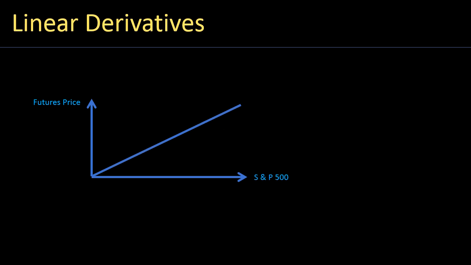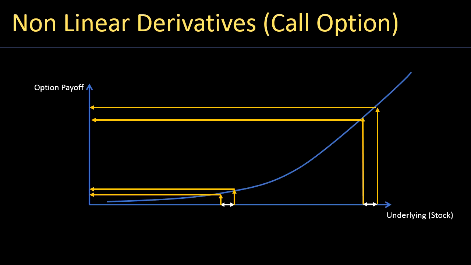Now for nonlinear derivatives, let's assume the stock moved by $5. It just increased by $5, and you can see the option price slightly increased. Now let's assume we are somewhere here, so the stock value is quite high. Again, the stock increased by $5.